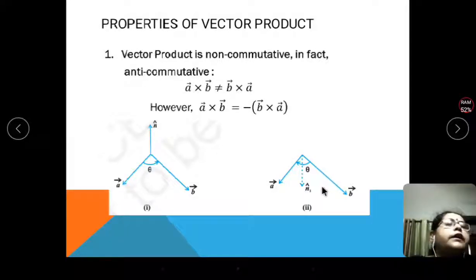Now see, if we wanted to calculate B cross A, so now we are moving from B to A. So theta is now directed in the clockwise direction. So therefore, the direction of n is no longer upward, but it will be now downward. That means it is this n1, it is now shown as n1. So this is of course the opposite vector of n. So we have a minus sign now. So A cross B is equal to minus B cross A.